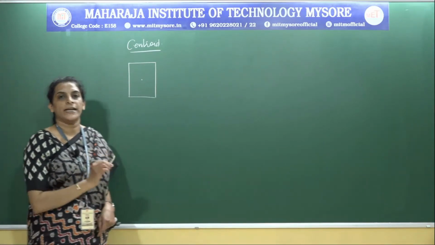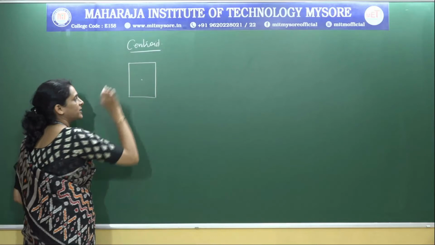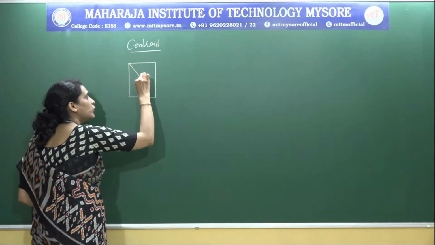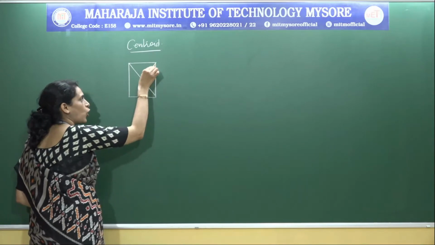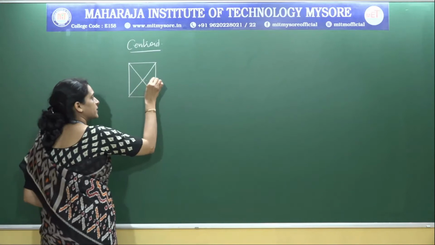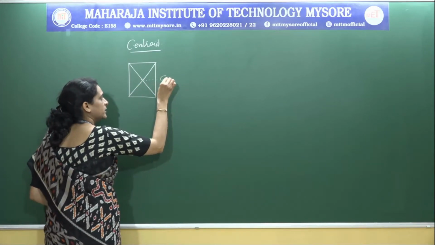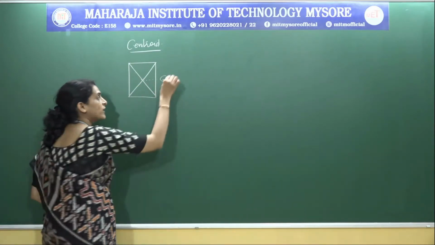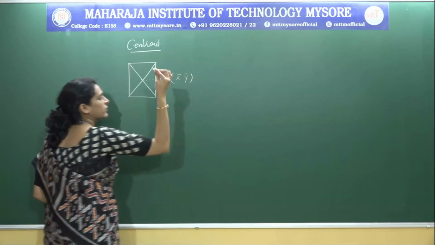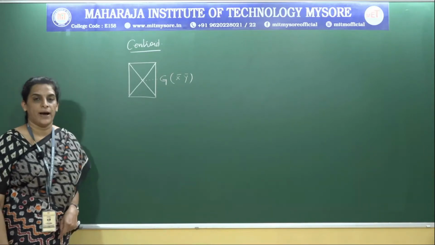Why have I located the point here itself? Because it is the point of intersection of two diagonals. It is represented by letter G, which has two coordinates, x bar and y bar.